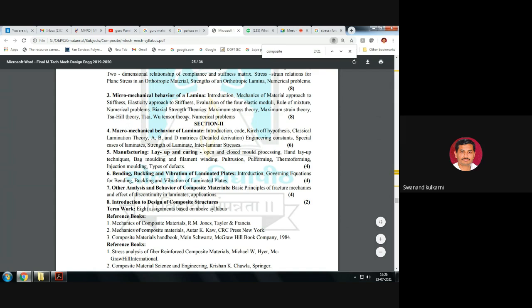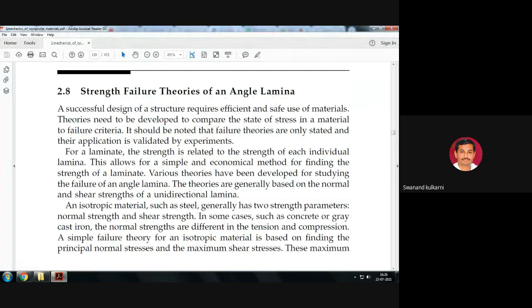So as far as these different failure theories are concerned, we should take the reference of this, and with this we will go ahead with the strength failure theories in case of composite materials, that we will see first of all. So we will have to go fundamentally from our strength of material, because in analysis of mechanical element, or in case of this mechanics of material, in case of machine design first, machine design second, we have studied these different failure theories.